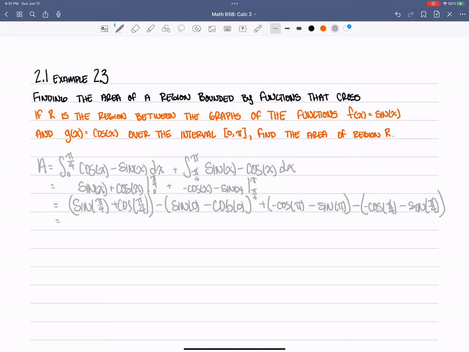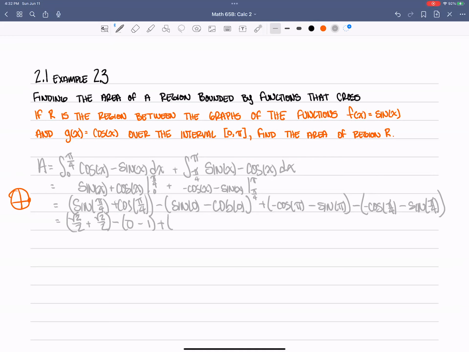Let's evaluate. Sine of pi over 4 is root 2 over 2. Cosine of pi over 4 is root 2 over 2 as well. Sine of 0, you get my unit circle here, sine of 0 is 0, so minus 0. Cosine of 0 is 1, so minus 1.